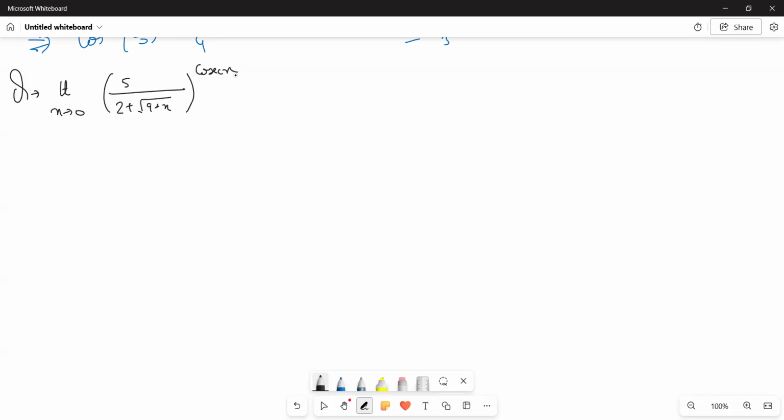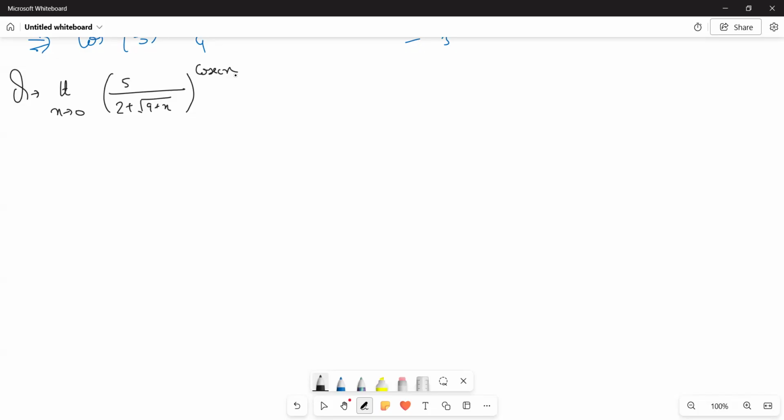What is the form of this limit? Can anyone identify the form of the limit?